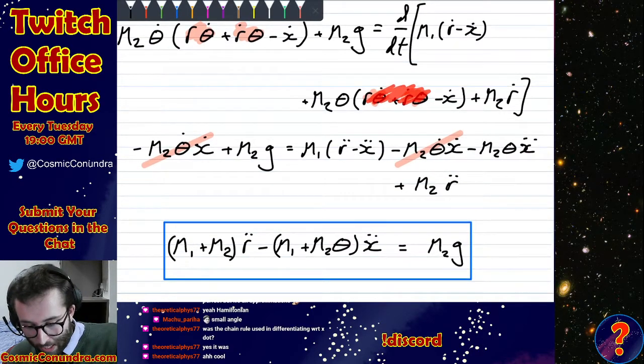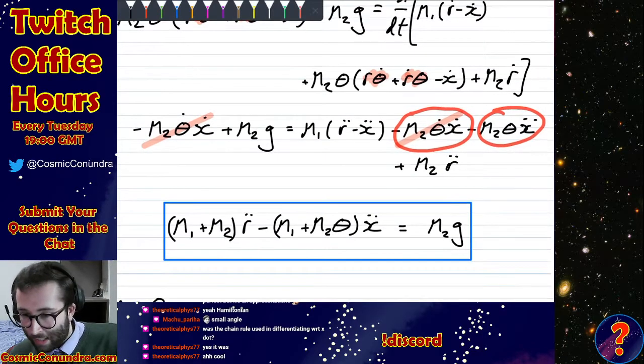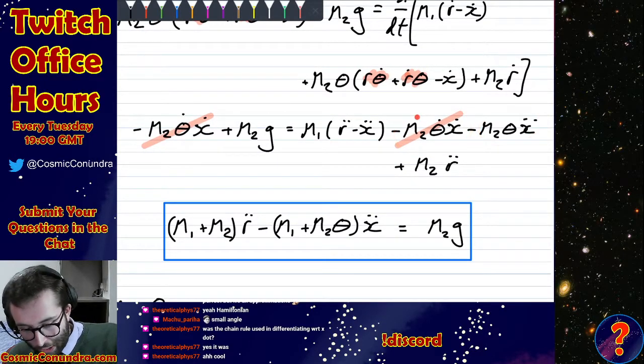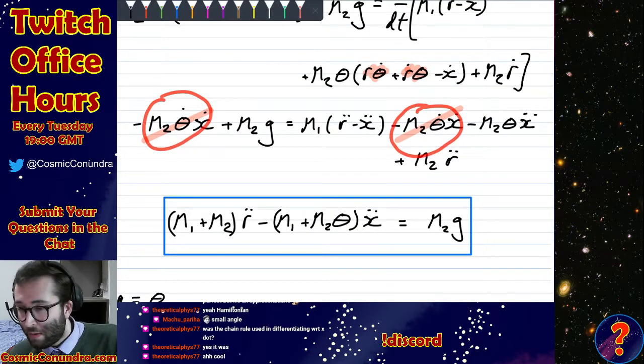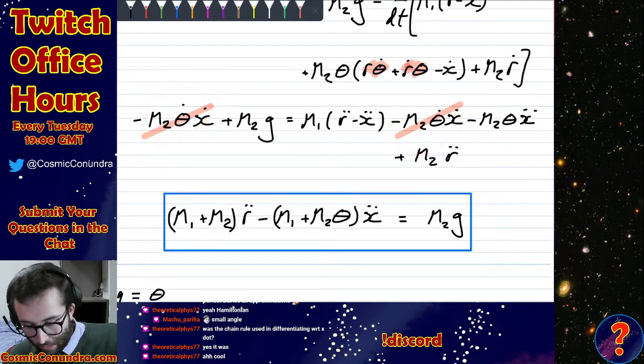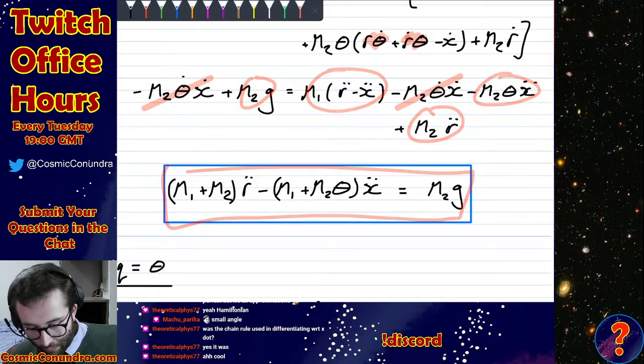So all I end up with is a minus m2 theta x dot from here, which I then differentiate, and it gives me a minus m2 theta dot x dot and a minus m2 theta x double dot. But then I notice that actually this m2 theta dot x dot cancels an m2 theta dot x dot here. So this is all that is left, these terms here, and then I collect them in this way. Okay.